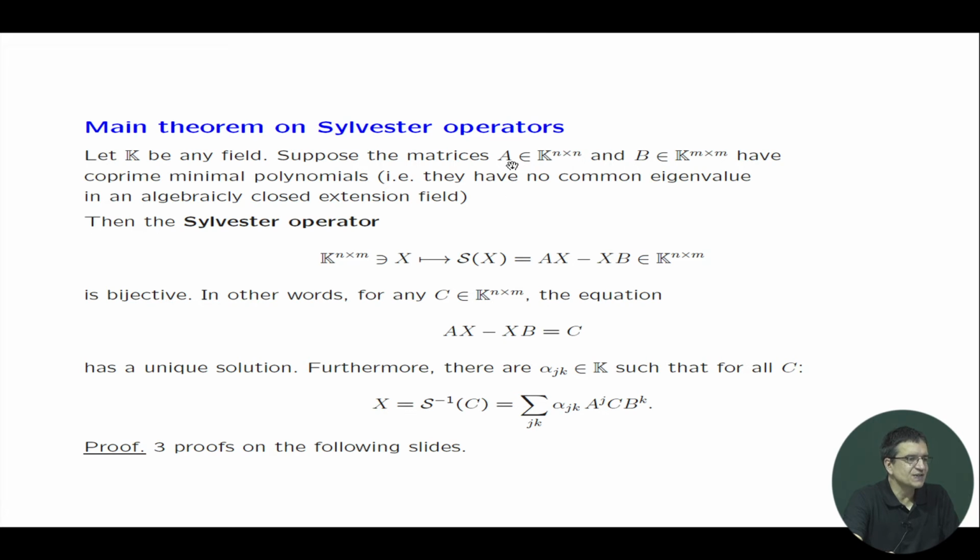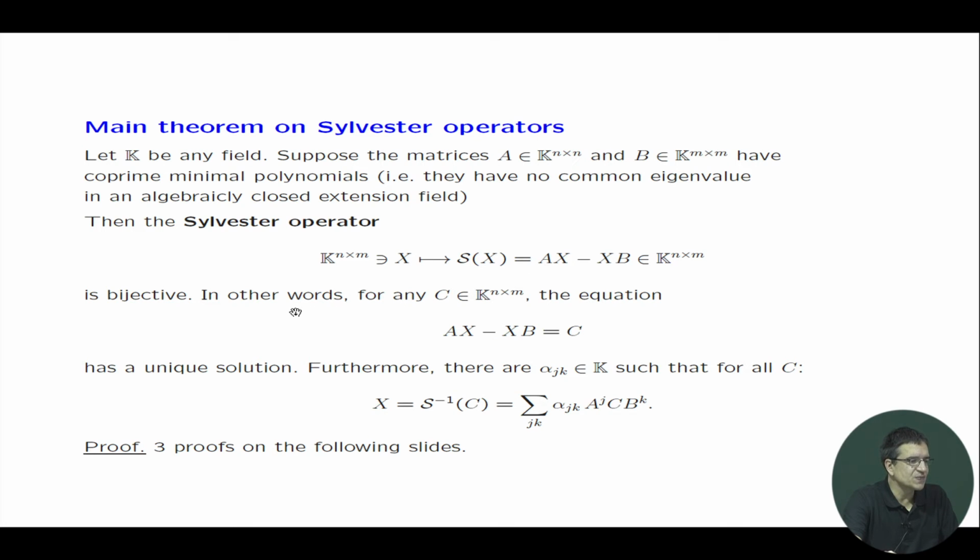The Sylvester operation is defined by these matrices, square matrices A and B, and if these matrices have co-prime minimal polynomials, or say they have no common eigenvalue in an algebraically closed extension field of our field K, then the Sylvester operator is 1-to-1 and onto.